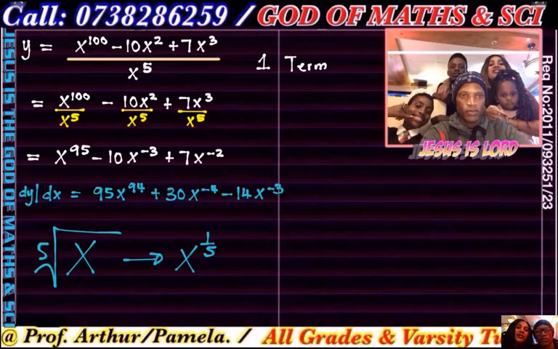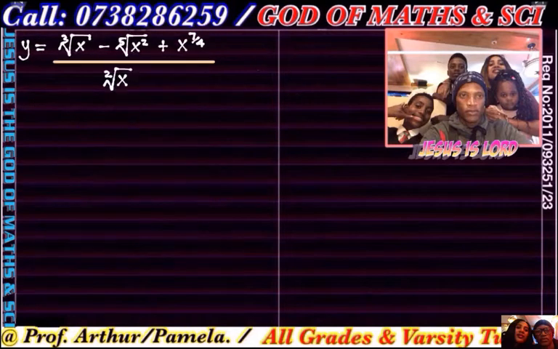Again, this type, it's the same as this one. One term at the bottom. It's one term. Can you see that? You need to split it. But first, change it to the fractional exponents. Isn't it right? All right.